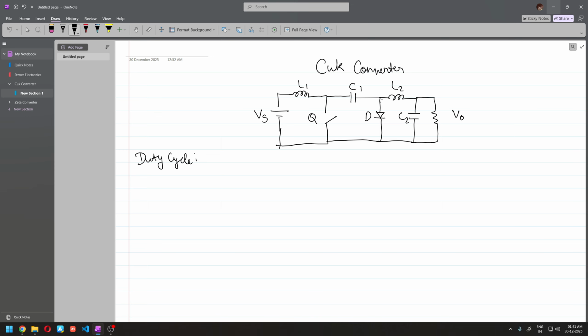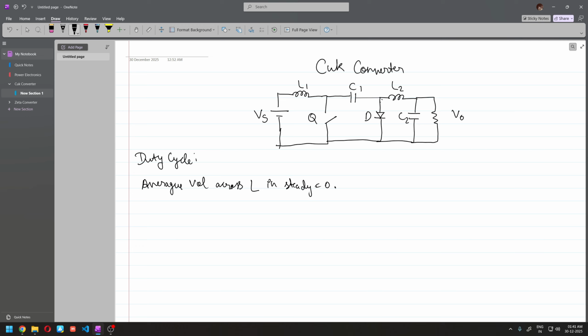For that, what we can employ is known as the volt-second balance for an inductor, a fundamental principle which states that the average voltage across an inductor has to be 0 over one switching cycle, because in the steady state there cannot be any net voltage across the inductor. So yeah, the average voltage across an inductor in steady state is 0.